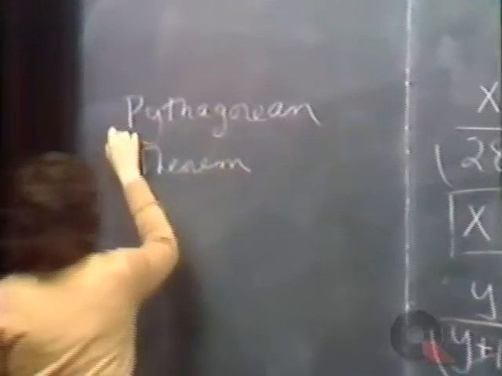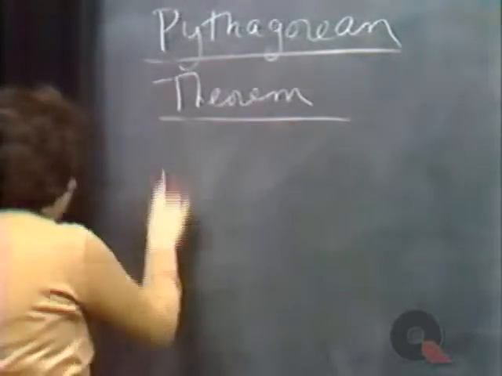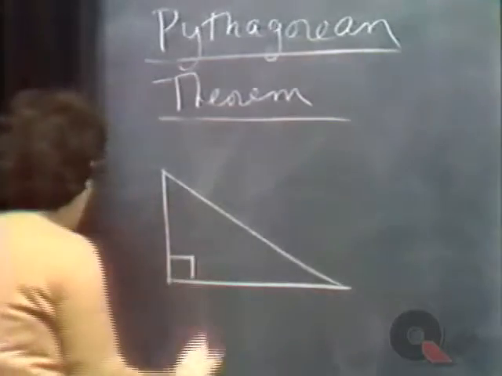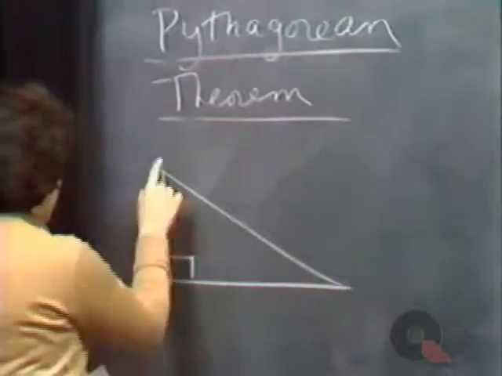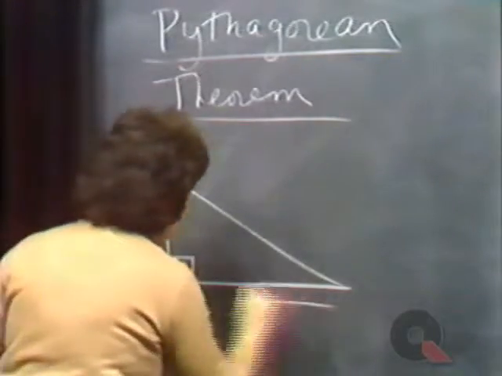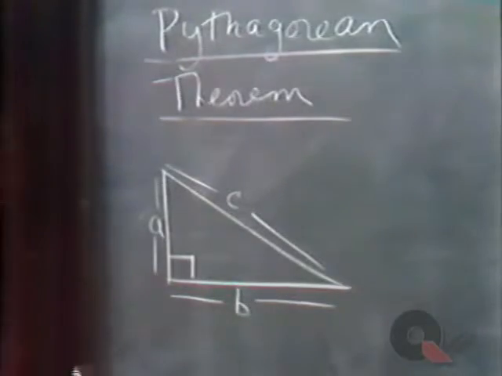It has to do with right triangles. If you have a right triangle, let's say the lengths of the sides here are a, b, and let c represent the hypotenuse, that is the side that is opposite the right angle.